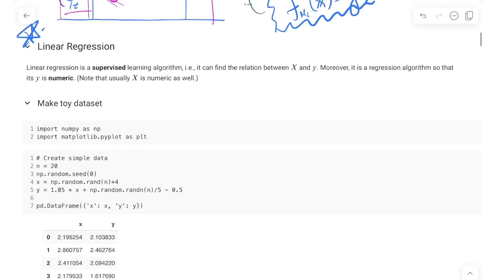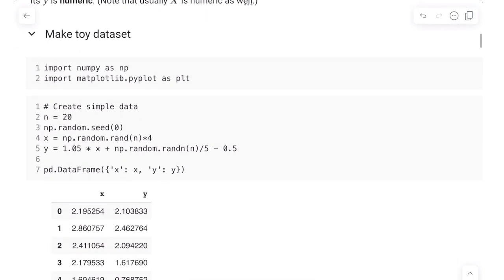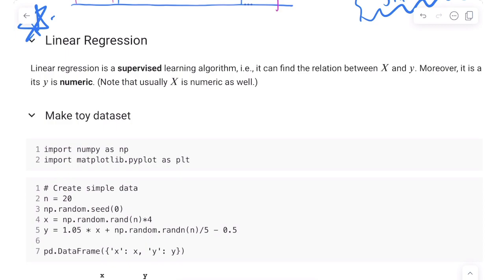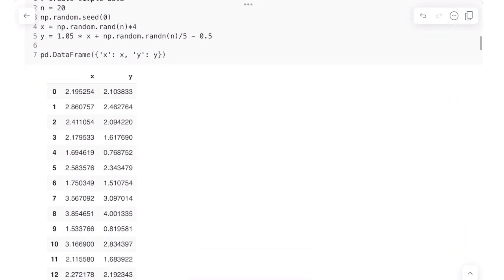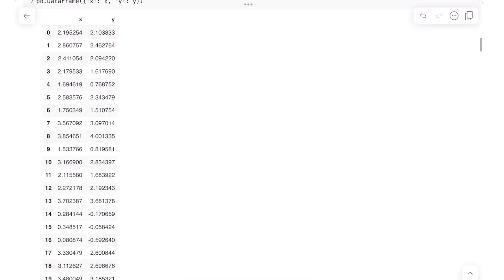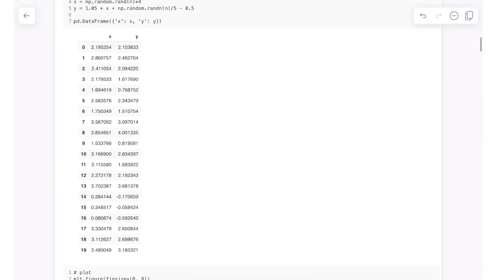So let's take a look at the first one, which is called linear regression. We have 20 data points right here. It is just an example, very simple, with only 20 data points. So n is 20, right? And right here we have a y column.